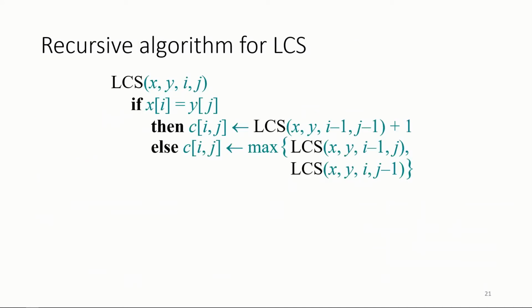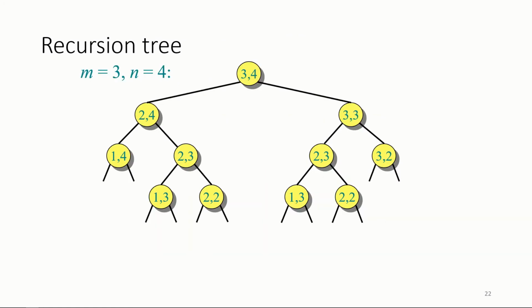So, if we write a simple recursive program, it will look like the pseudocode here. In the worst case, while looking at the ith and jth characters, you will always make two recursive calls. This will happen when xi is not equal to yj. Now if we think about the runtime of this algorithm in terms of the recursive tree, it might still be asymptotically exponential runtime.